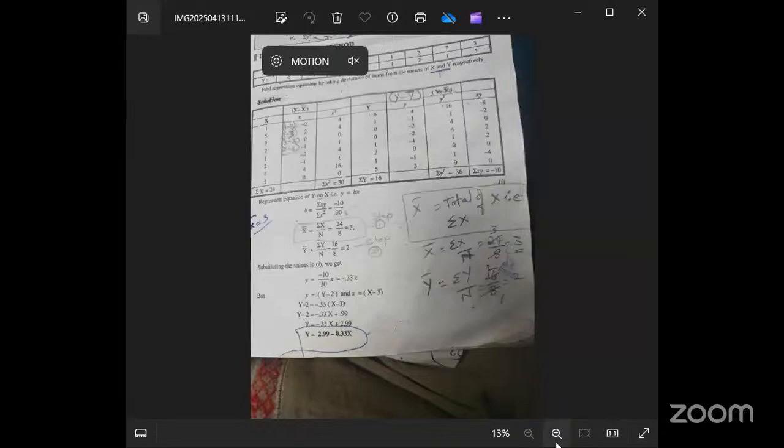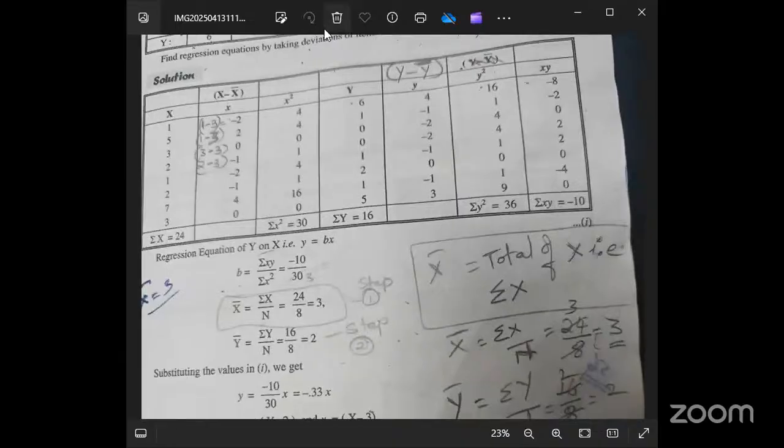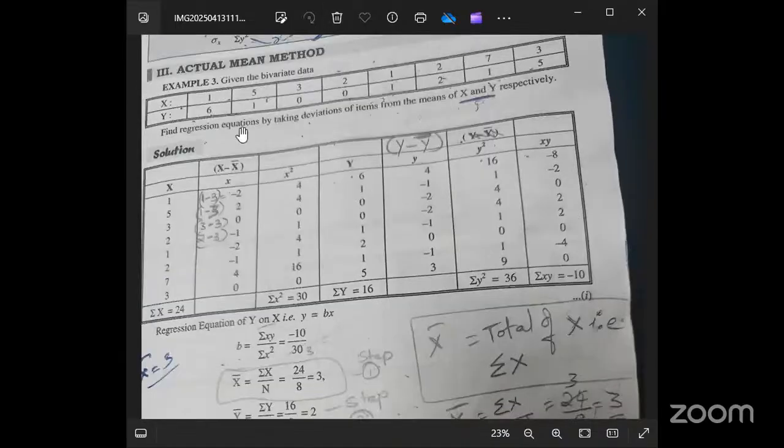Note the question. Second problem. This is the question given to you. Given the bivariate data x and y, x is 1, 5, 3, 2, 1, 2, 7, 3, y is 6, 1, 0, 2, 1, 2, 1, 5. What do we need to find out?